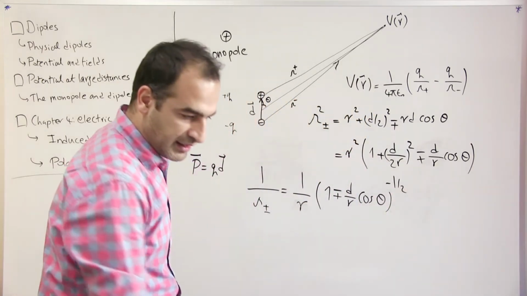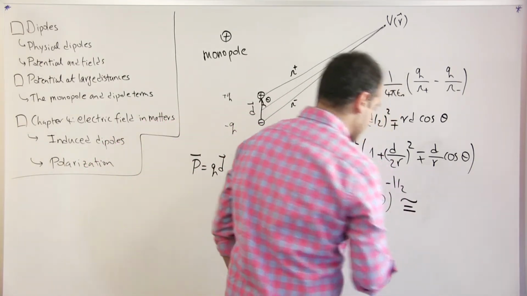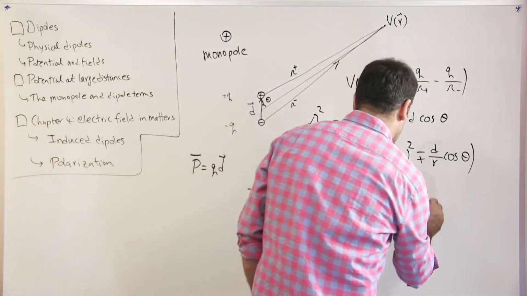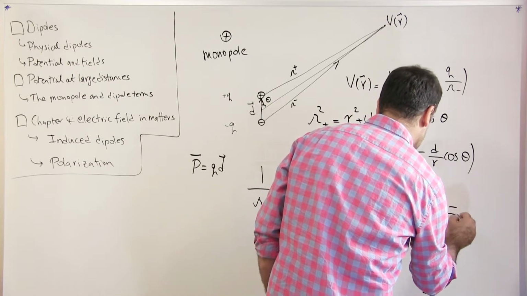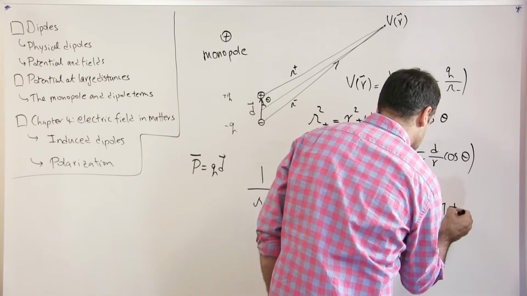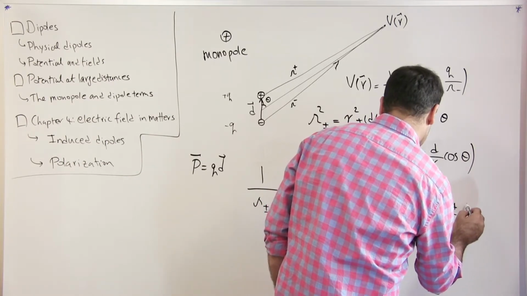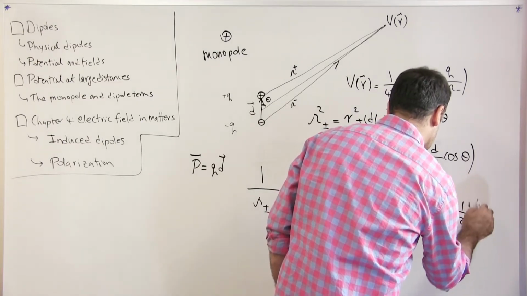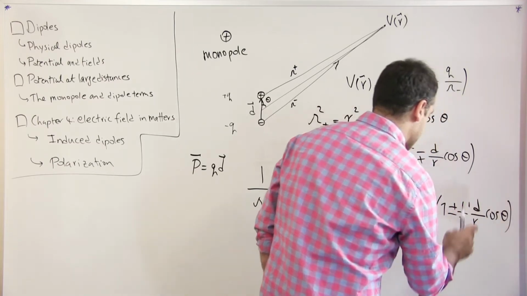Now, if you expand it and keep the first term, it's going to be 1 over R times 1 minus plus, actually plus minus, one half D over R cosine theta.